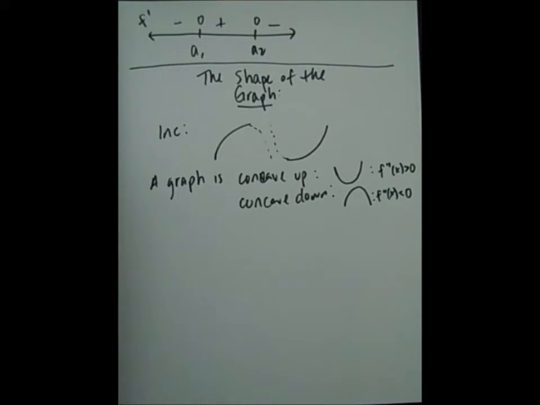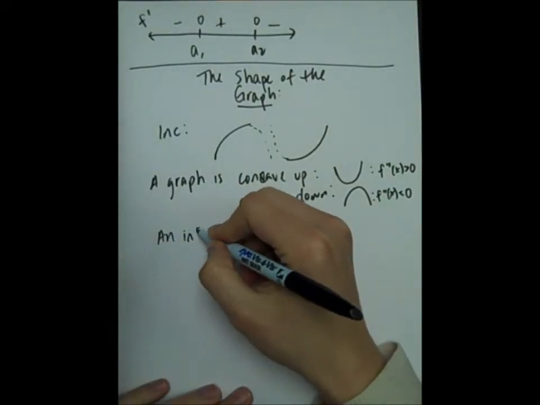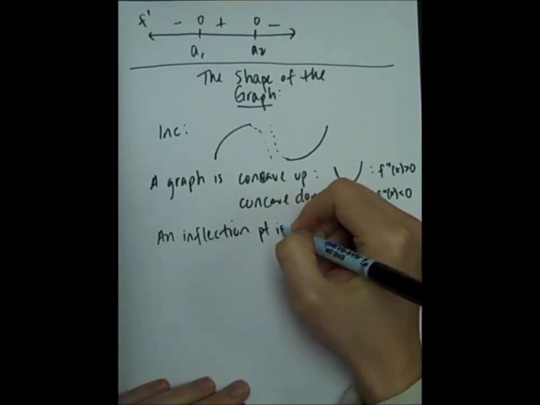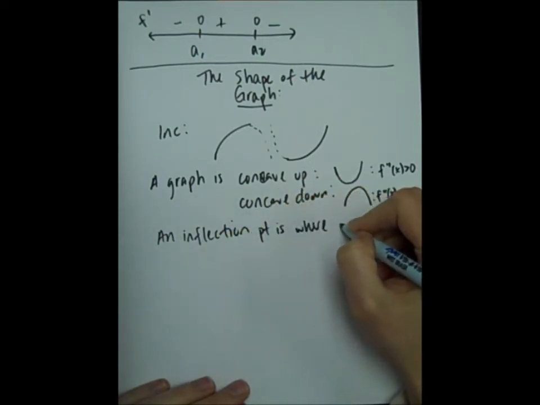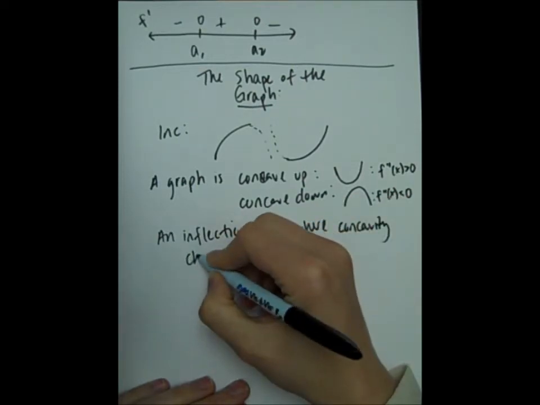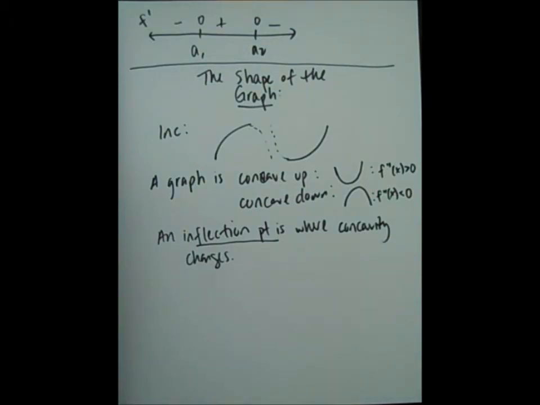Now in the first derivative we had critical points. In the second derivative we have inflection points. So an inflection point is where concavity changes. So we have these corresponding ideas between first derivative and second derivative.